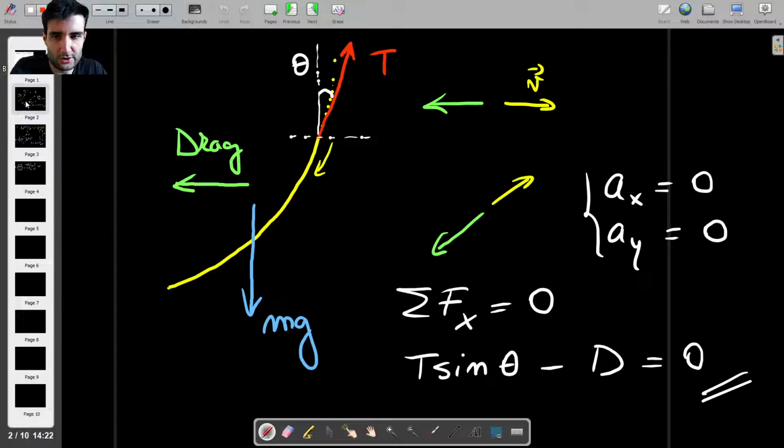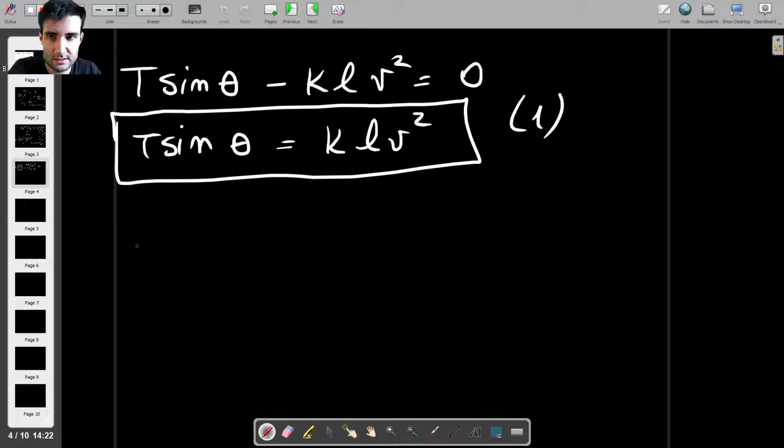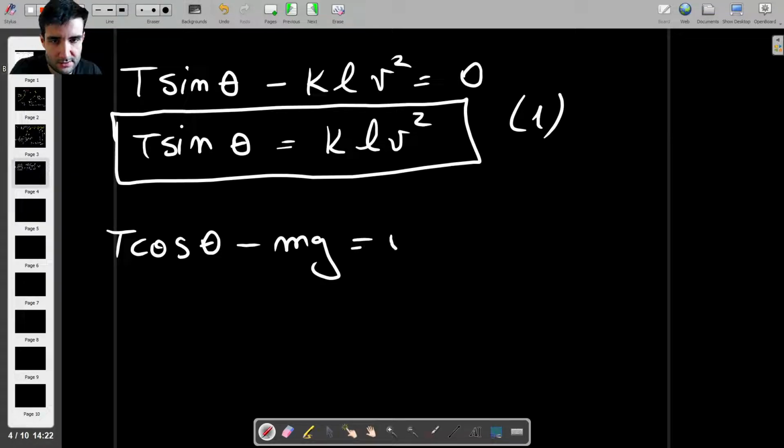Now, from the vertical point of view, we also have just two forces, right? So we have the vertical component of tension, which is T cosine theta, and then we have minus mg, and this has to equal 0 as well. Now, this m deserves a bit of attention.